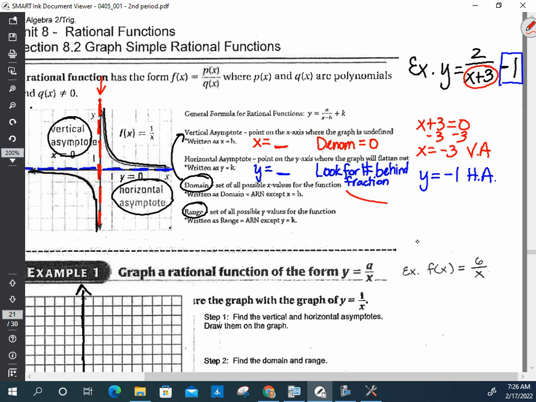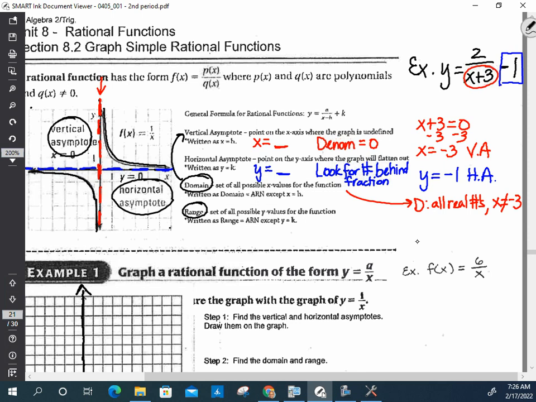So the domain is all real numbers, comma, x cannot equal -3. So all real numbers except x equals -3. You can plug in whatever number you want except for -3. That's what that means.